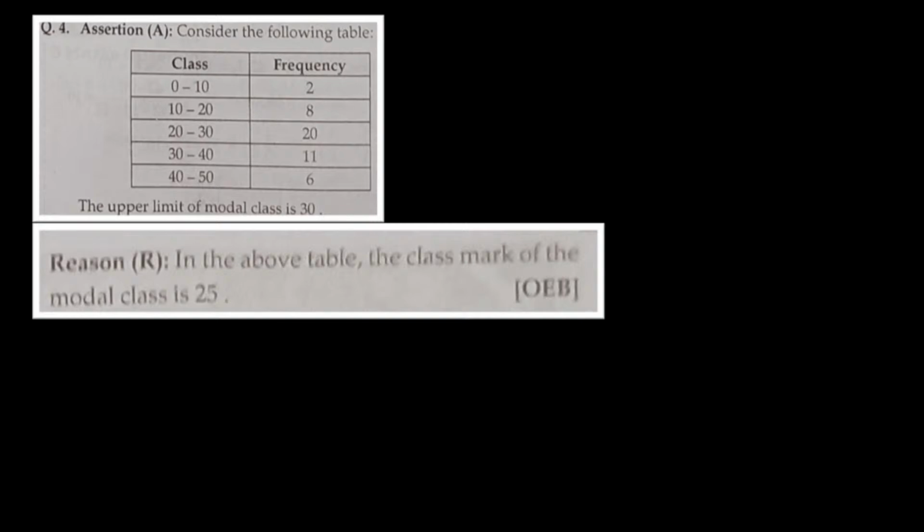So this question, very simple question. First of all, consider the following table, the upper limit of the modal class. So modal class, I want you people to tell me in this table which one is the modal class. Which one is the modal class?